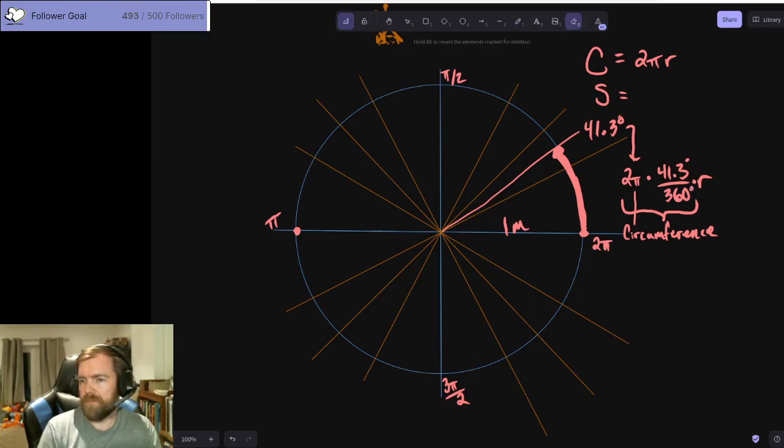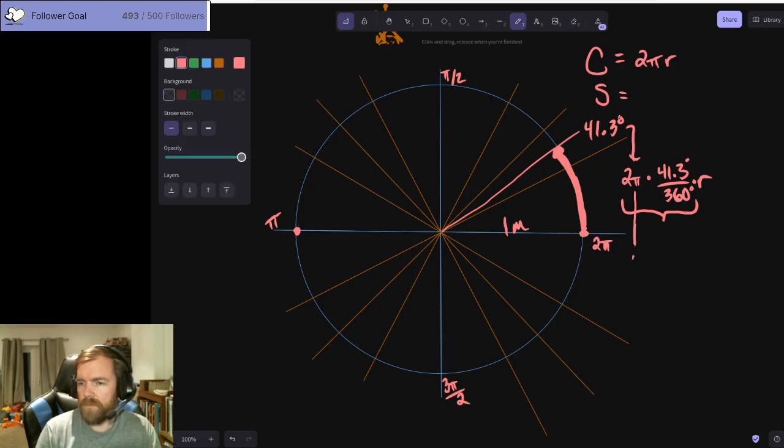So that bit's from the circumference, that bit is the proportion of the circle.